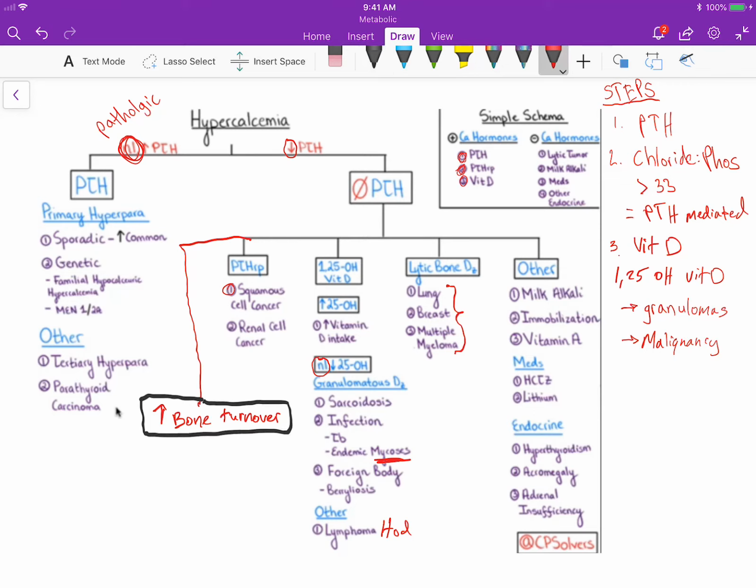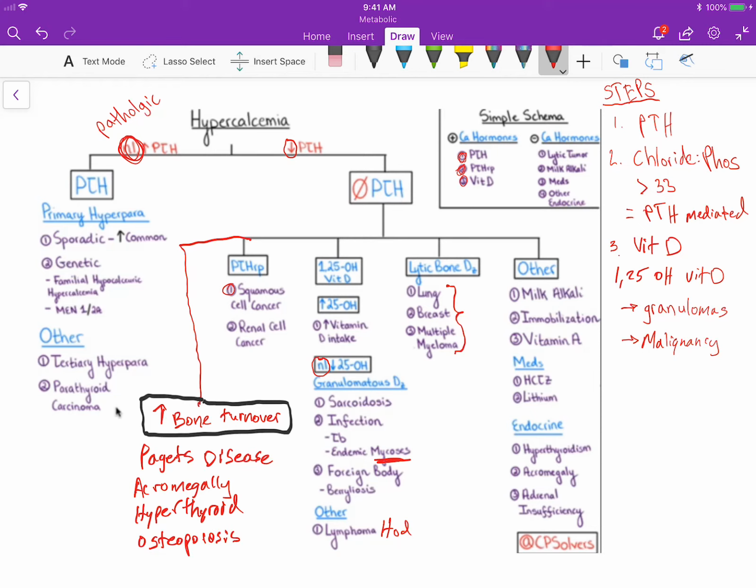And this could be due to something called Paget's disease, where you have an increase in bone modeling and turnover, acromegaly, hyperthyroid, which causes increased bone turnover, osteoporosis.